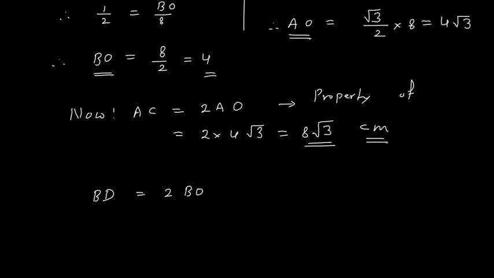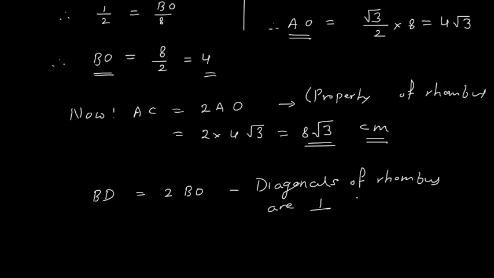Okay, you can mention that property of rhombus, that diagonals of rhombus are perpendicular bisectors. This symbol is for bisector, right? So the value of BO is 4. So this BD is equal to 2 into 4 is equal to 8 centimeter.